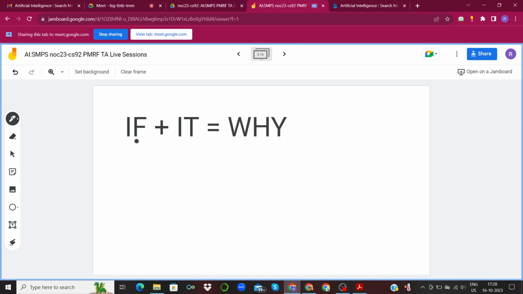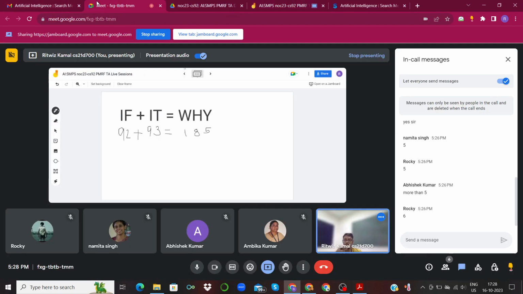Both I's will be assigned the same number. Let's say we assign 9 to them. Okay, this looks like a bad 9. Let me rewrite it. And let's say we assign 2 to F and 3 to T. Then what will the sum of these two be? So is this a proper assignment? Yeah.